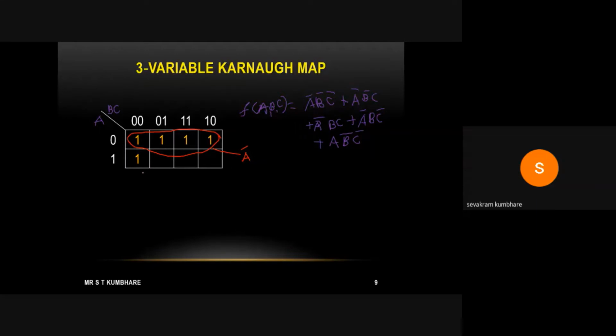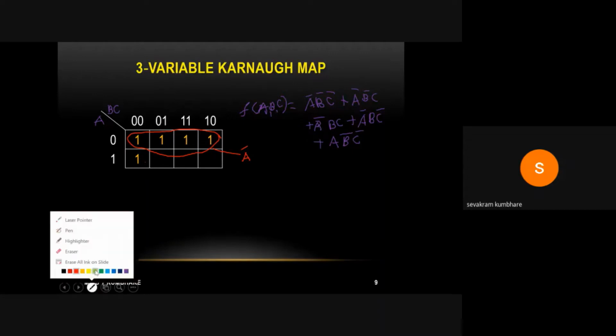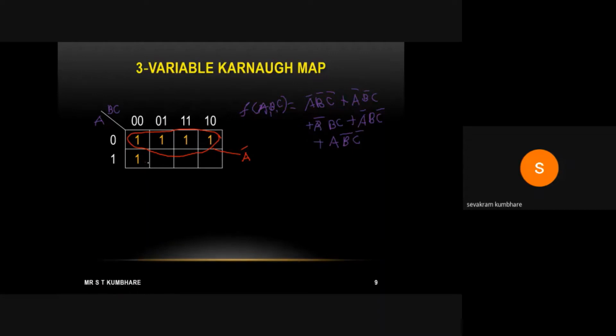So can I club 2 grouping? Yes, I can. Let me change the ink. I can club like this and this. Now these 2 clubbing can be possible, and the expression for this becomes A is 0, A is 1.